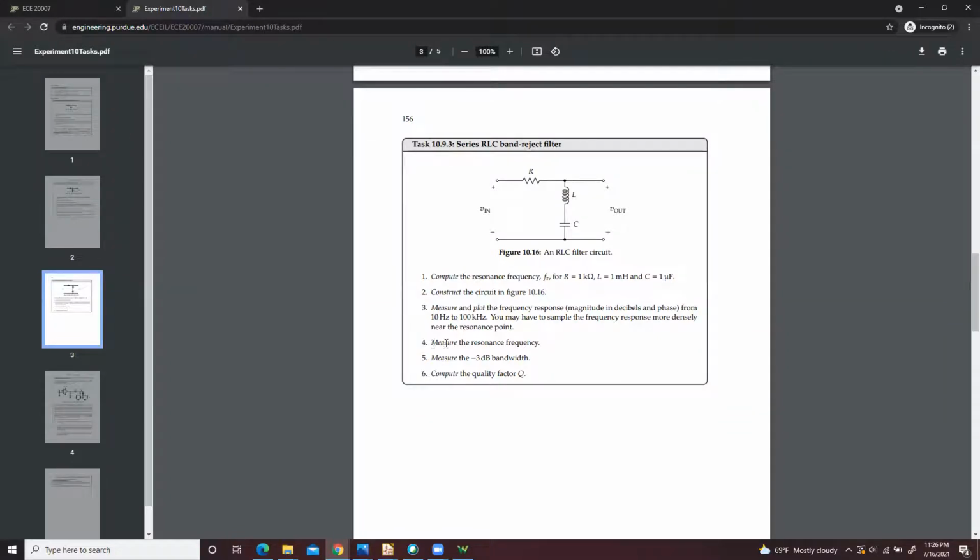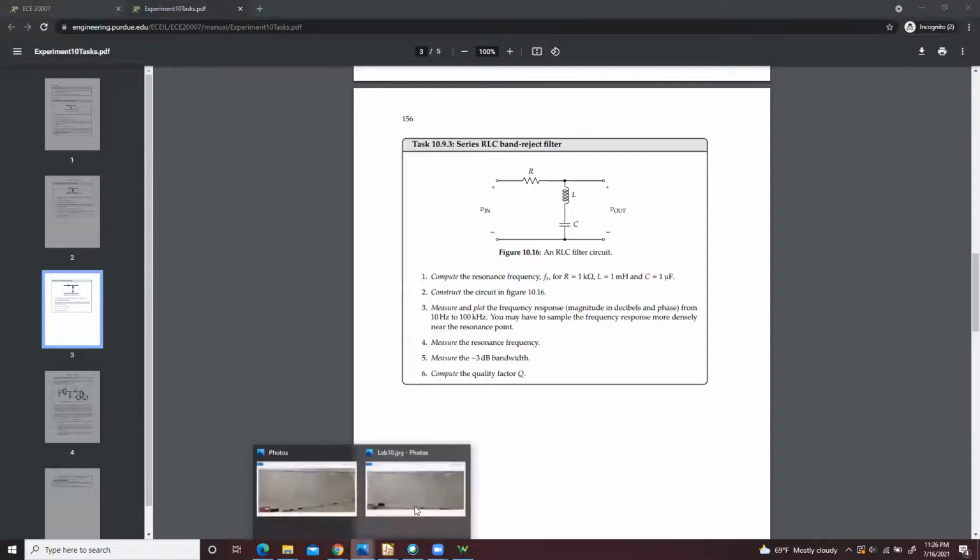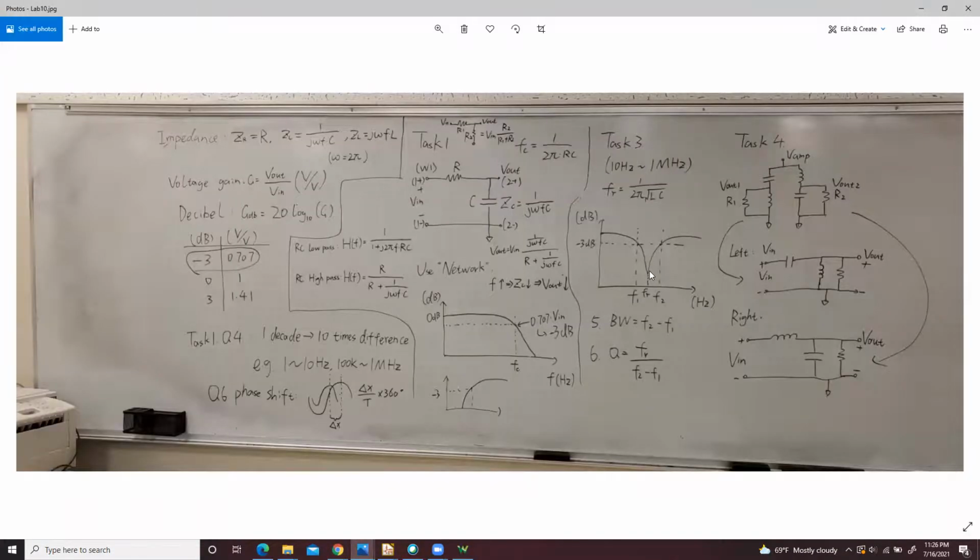In step number 4, you are going to measure the resonance frequency. The resonance frequency is right here, the bottom point. Step number 5 is to measure the bandwidth. Here you have two negative 3 dB points, because you have two curves.